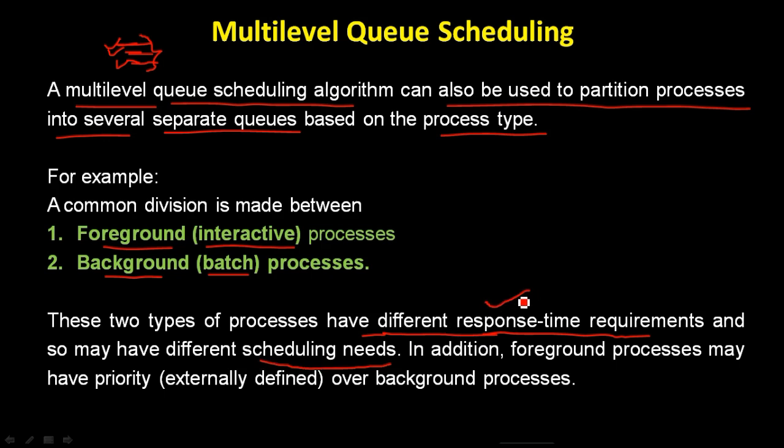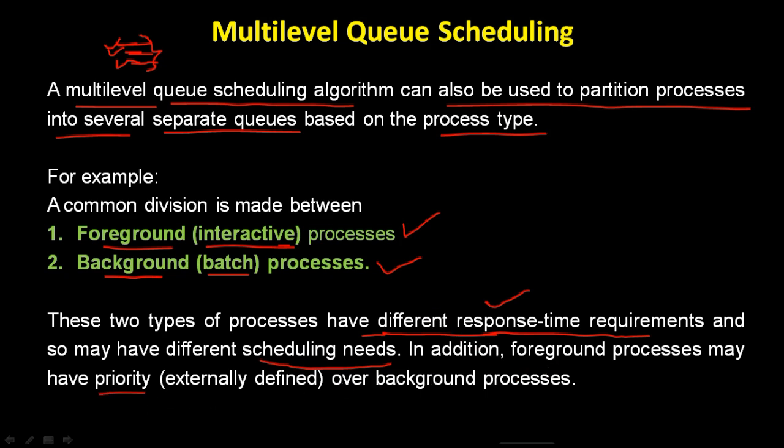Foreground processes are interactive, so the user can interact with them, whereas background processes run in the background.